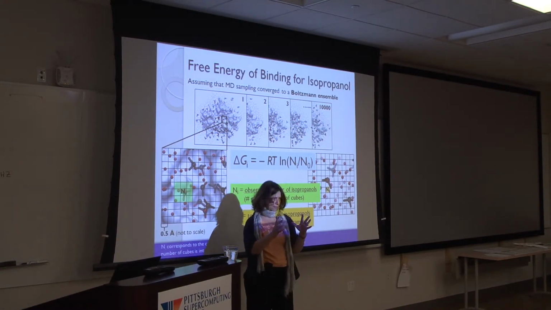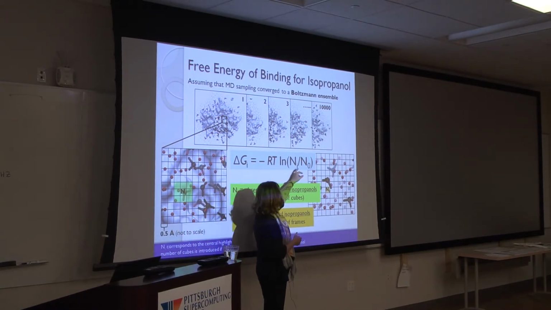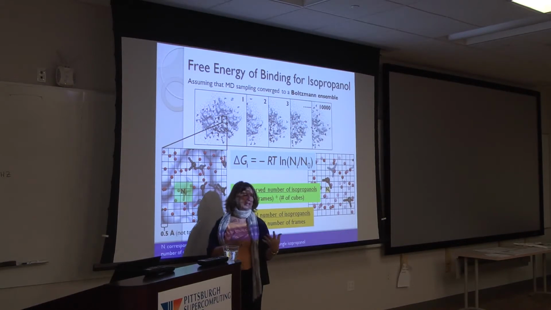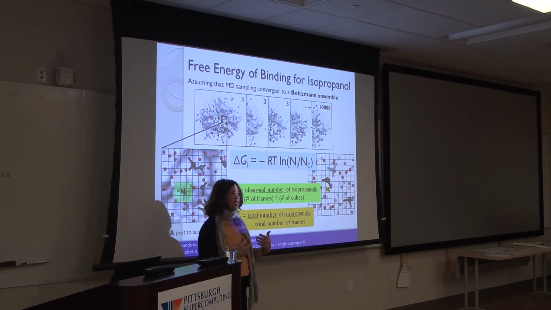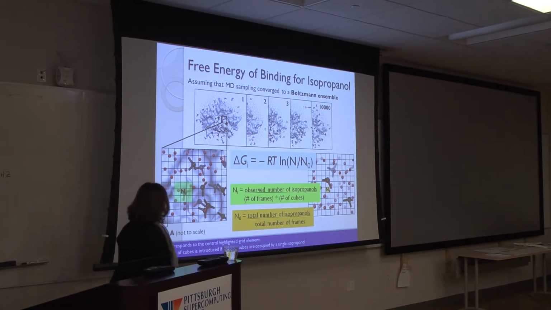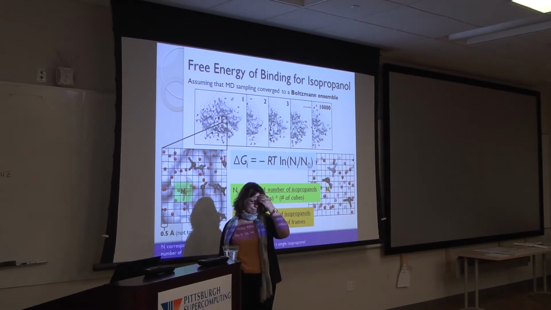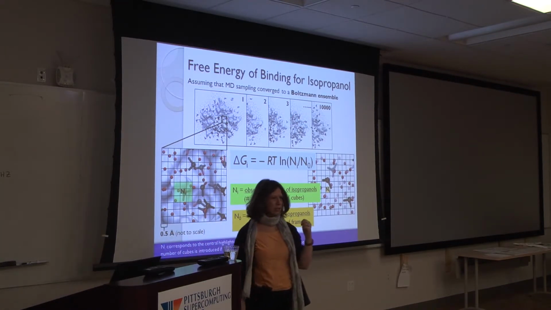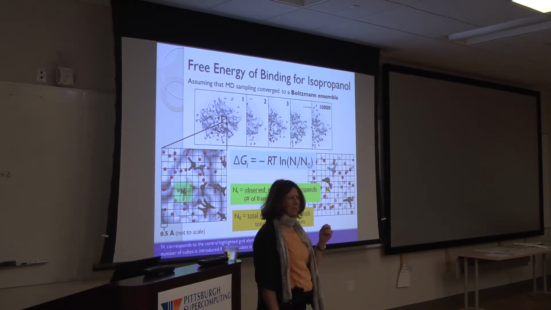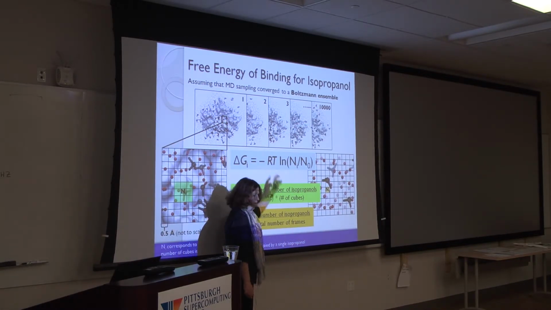So for example, when you do this type of calculation, if you have a region where the number of observed bound states is double what is expected, okay? And I over N0 is 2, right? If it's 2, you have ln 2. What's ln 2? Natural logarithm of 2. 0.69? Okay. What's RT?